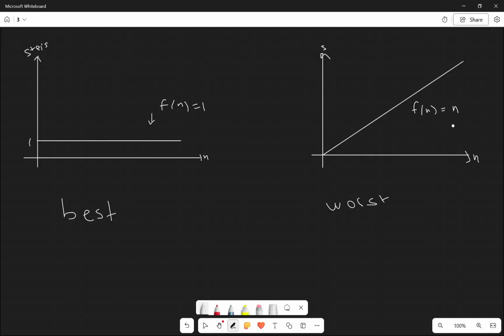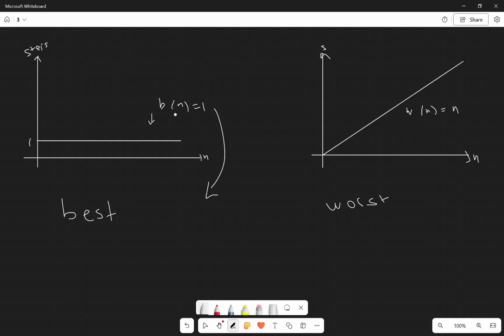It can be n, 2n, whatever. Over here we have two functions, so let's use different function names. For the best case function, I'm going to use b of n, and for the worst case, I'm going to use w.